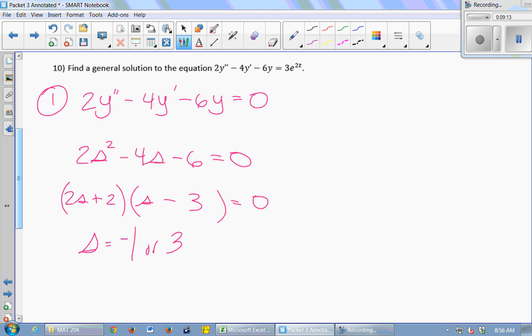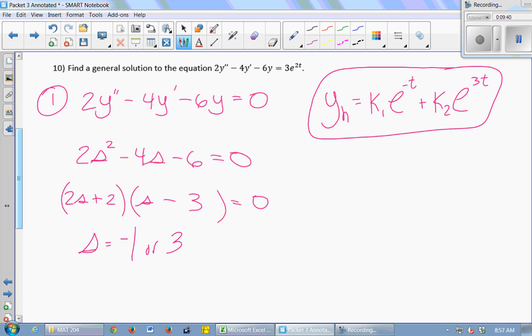So this is what gives me straight line solutions, right? I have e to the -t or an e to the 3t. Take a linear combination and you've got the general solution to the unforced equation. So y homogeneous is going to be k1 e to the -t plus k2 e to the 3t. Okay, so there's step 1.